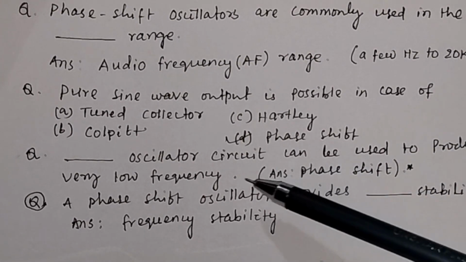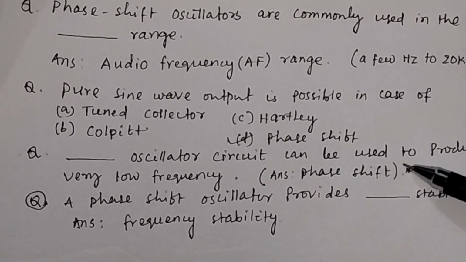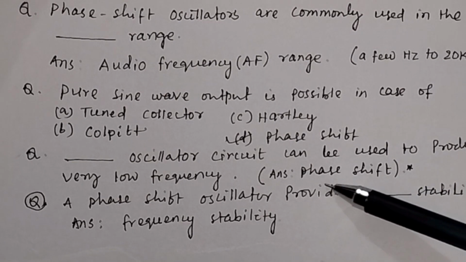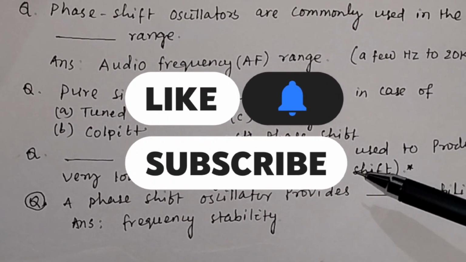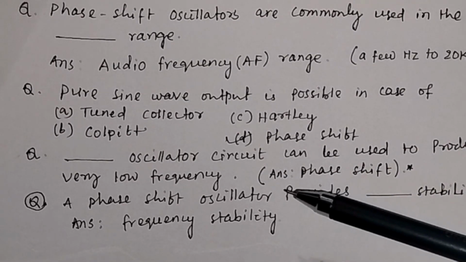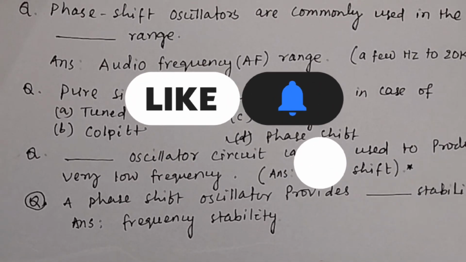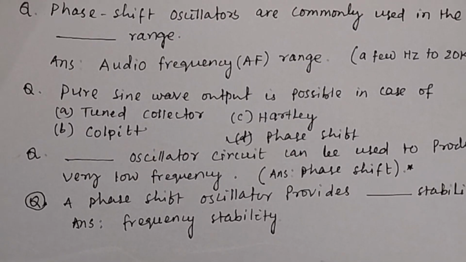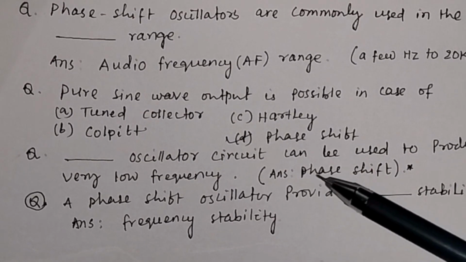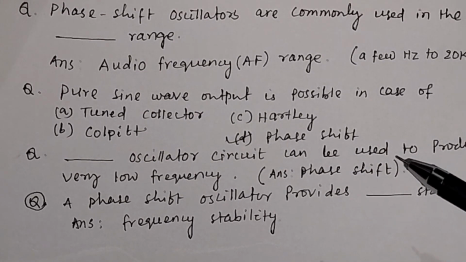And another question: dash oscillator circuit can be used to produce very low frequency. As I have discussed, phase shift oscillator circuits are used to produce very low frequency. Phase shift oscillator cannot be used for high frequency. For low frequency generation, we use phase shift oscillator.